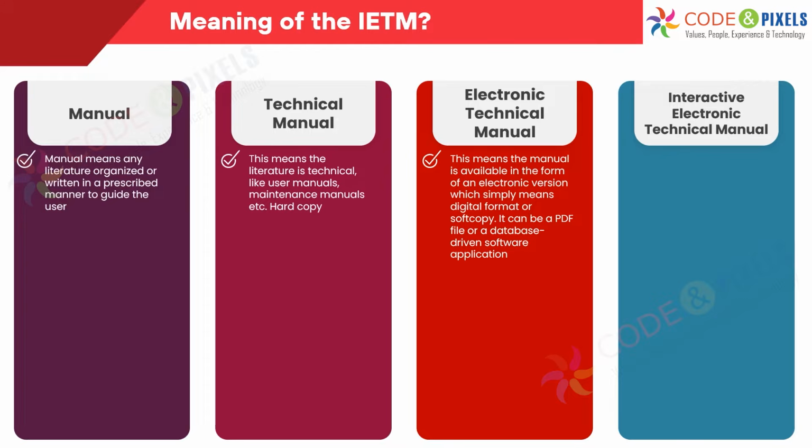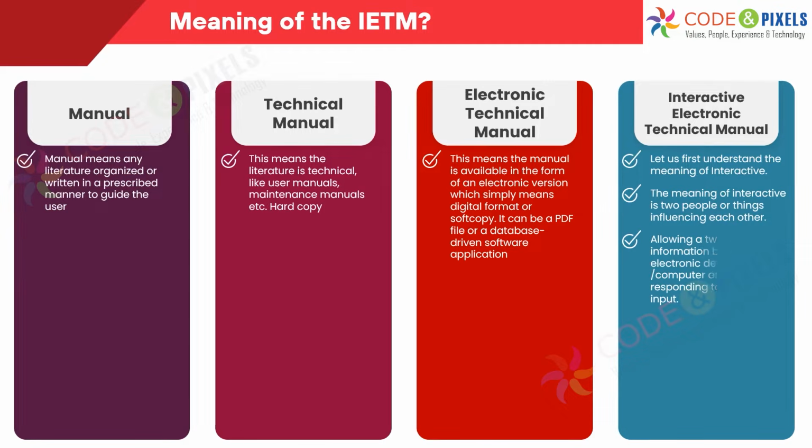Interactive Electronic Technical Manual. Let us first understand the meaning of interactive. The meaning of interactive is to people or things influencing each other, allowing a two-way flow of information between an electronic device, computer, and a user, responding to a user's input, involving the actions or input of a user.